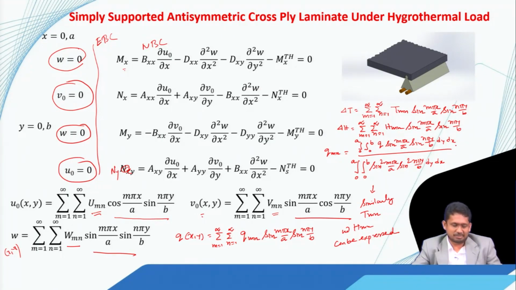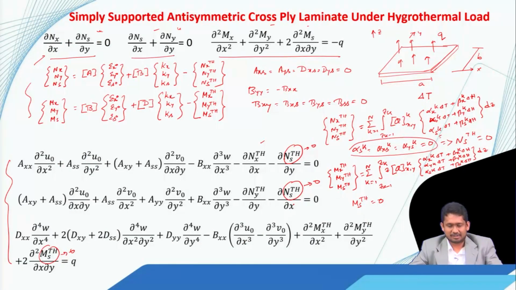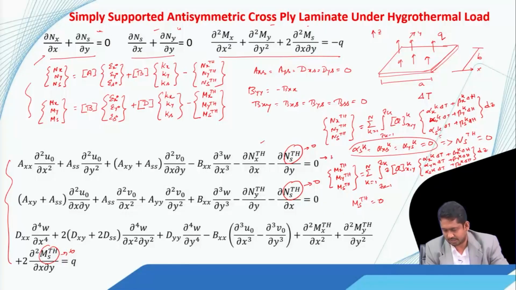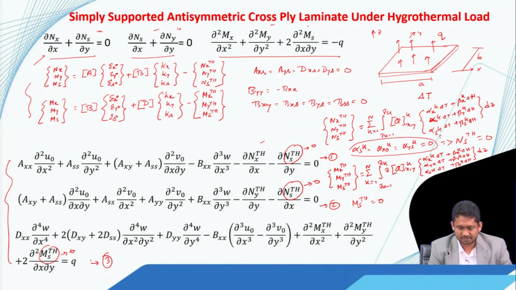Now, if I put all these approximations in these 3 differential equations, then those 3 differential equations take this form. So, the first differential equation, so let us just write them. So, this we can call equation number 1, equation number 2, equation number 3. So, equation number 1 takes a form like this: summation n equal to 1 to infinity, m equal to 1 to infinity, something multiplied by cosine m pi x by a sin n pi y by b equal to 0.